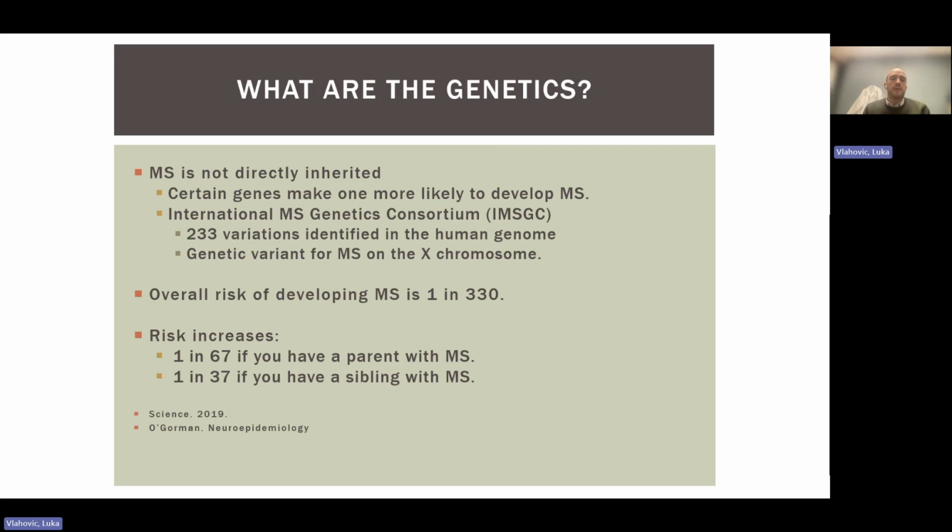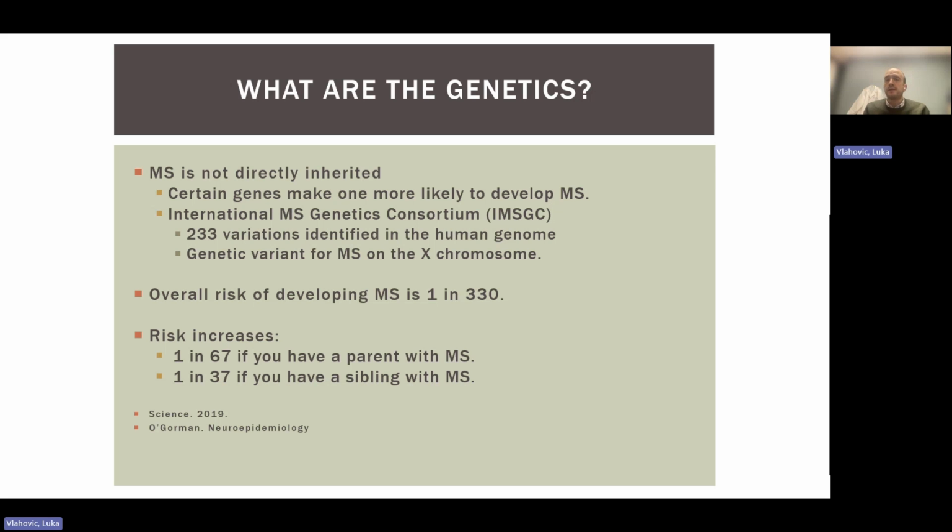Now, a little bit more about genetics. Again, it's not directly inherited. The International MS Genetics Consortium identified more than 200 variations in the human genome. And in terms of some numbers, just to illustrate genetic predisposition, if one parent has MS, someone's risk to get MS is 1 in 67, as opposed to 1 in 330 in the general population. If one sibling has MS, that risk increases to 1 in 37.